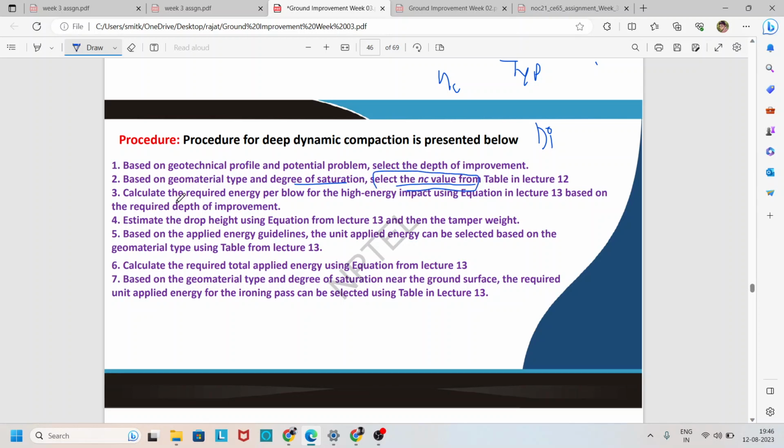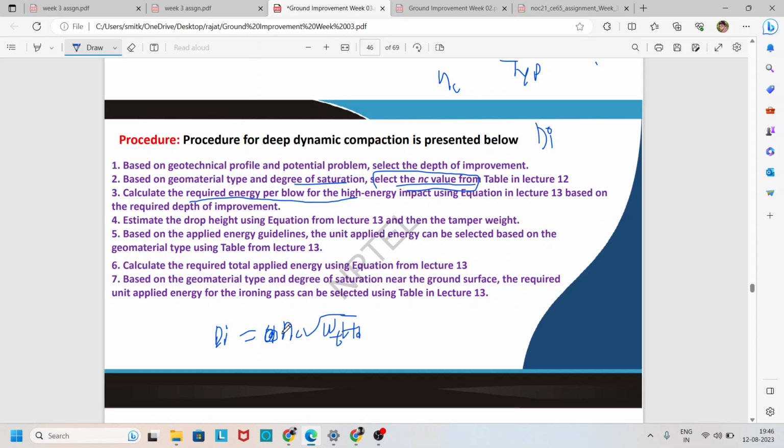Then we calculate the energy per blow. Based on one empirical formula, DI is equal to NC into root over WT into HD.